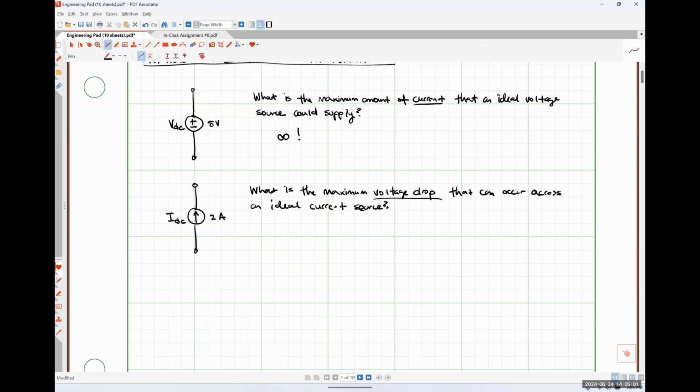Anybody care to venture a guess on this one? Infinite. Also infinity. Also cannot be physically realized, right?